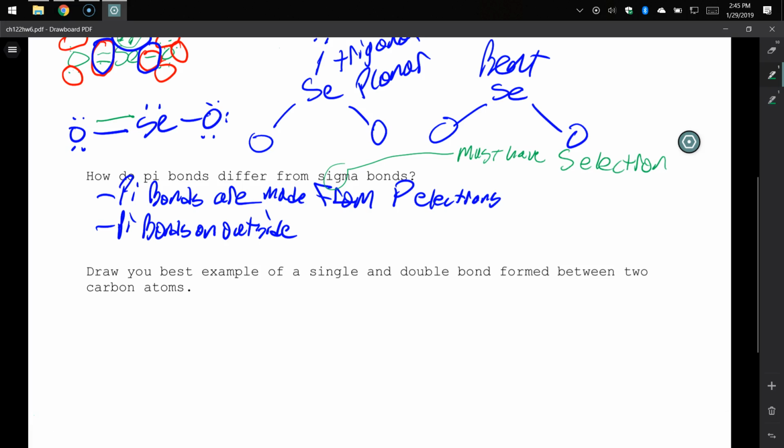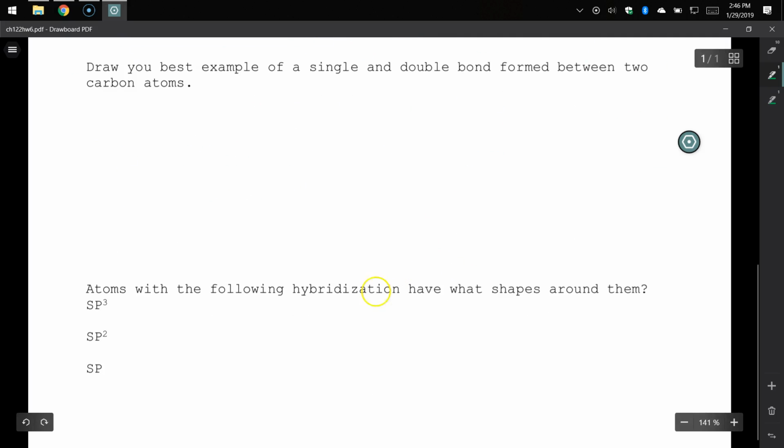It doesn't need to be an S electron by itself, but there has to be some S involved in the mix. So down here at the bottom, we have sp3, sp2, sp. These are all sigma bonds. There's P there, but there's S. So S taints it, turning it into a sigma bond.